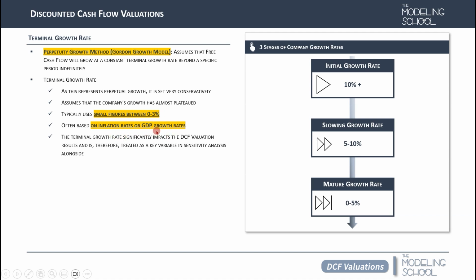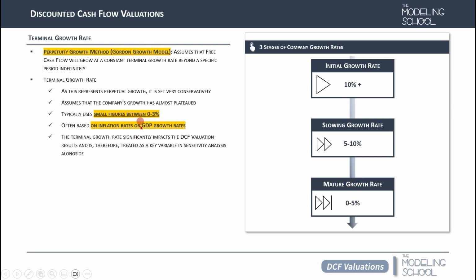This is a very conservative approach. If you're thinking about the company's revenue, for example, let's say that revenue consists of price times quantity. We're assuming that quantity is now stable. We're just assuming that price is growing as much as inflation rates. So it's like assuming that there's almost no actual growth.